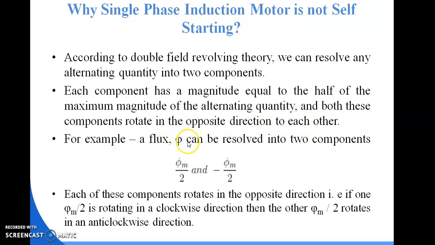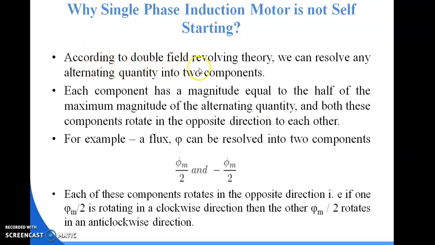For example, a flux phi can be resolved into two components like phi m by 2 and minus phi m by 2, equal but opposite in direction. Each of these components rotates in the opposite direction, that is, if one phi m by 2 is rotating in a clockwise direction, then the other phi m by 2 rotates in anti-clockwise direction.